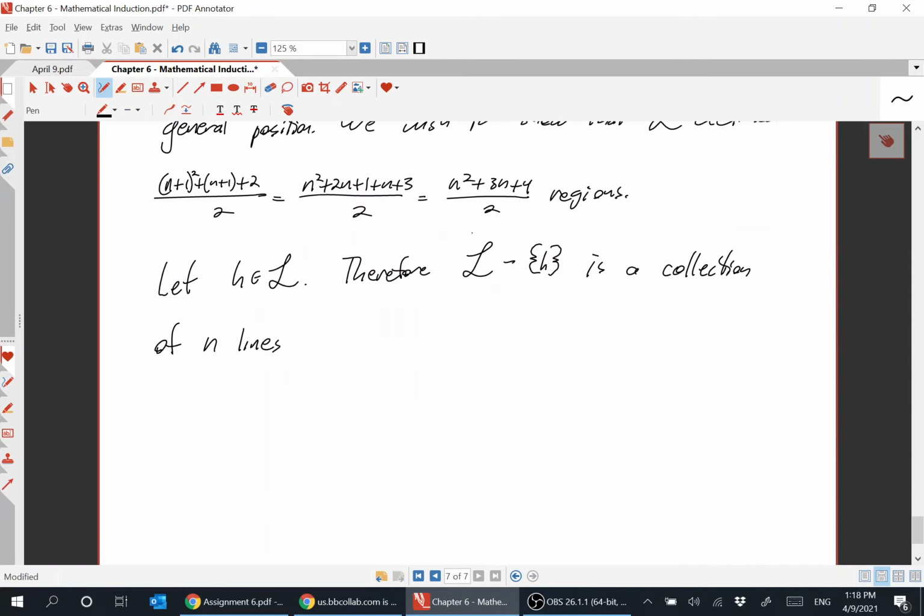If L is a set for which there exists a special element called Daniel, and I take a subset of L, it may no longer contain Daniel. Daniel may be someone that was taken away. So existence properties are not inheritable. Typically, universally defined properties are inheritable. That's a different topic. All right, so L minus H is a collection of n lines that are still in general position.